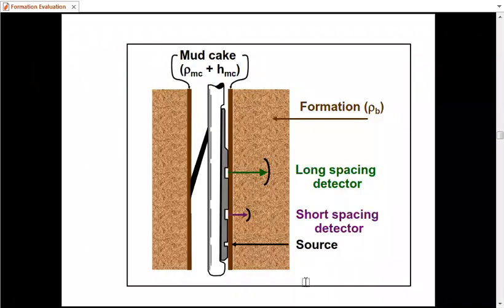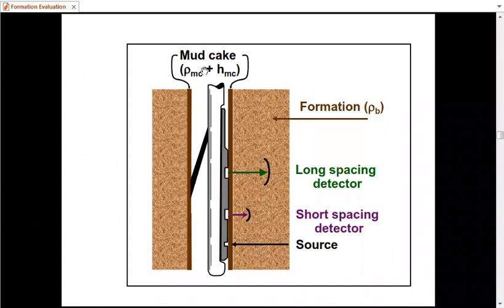But what about the formation itself? To use a source for gamma rays, you have to put two detectors at different spacing intervals, starting with the short spacing detector, and the last one is the long spacing detector.